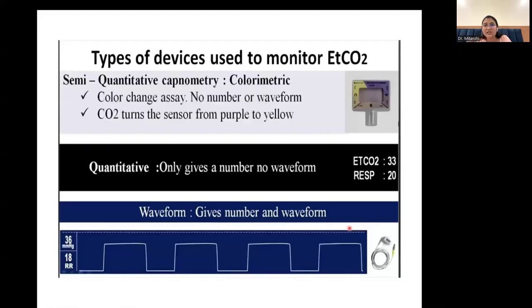The color changes from purple to yellow. While a quantitative EtCO2 monitor will show you a waveform as well, the value of EtCO2 levels being exhaled out, and your respiratory rate can also be monitored in a quantitative waveform.